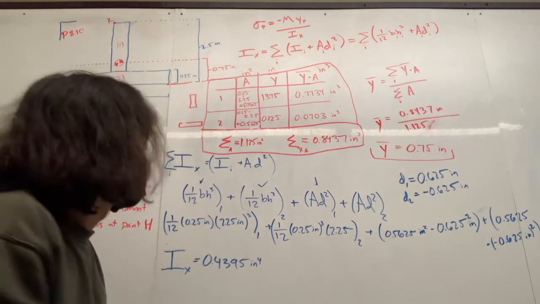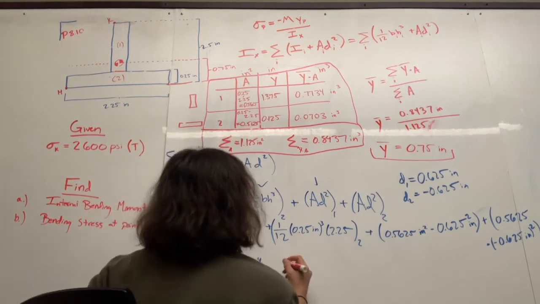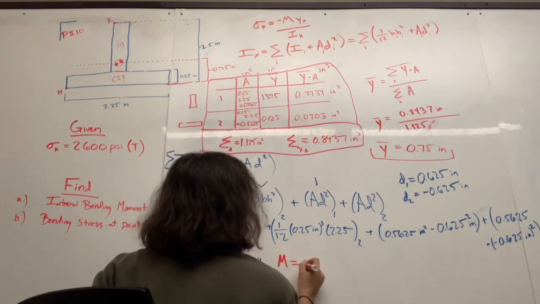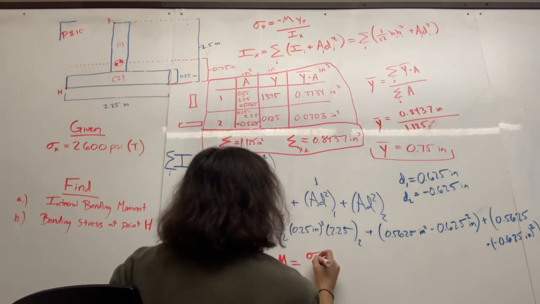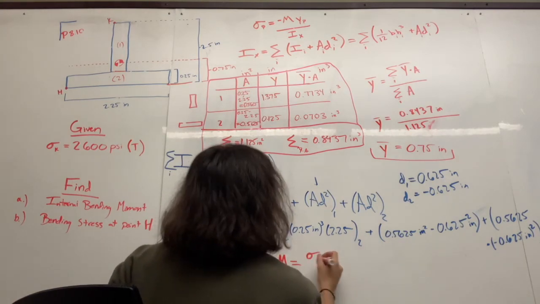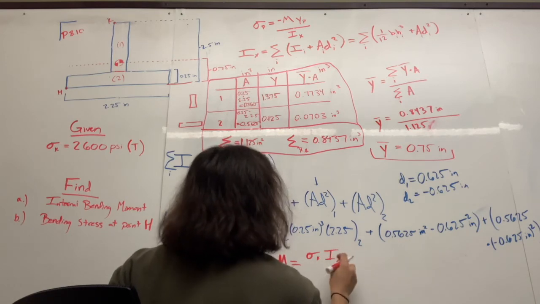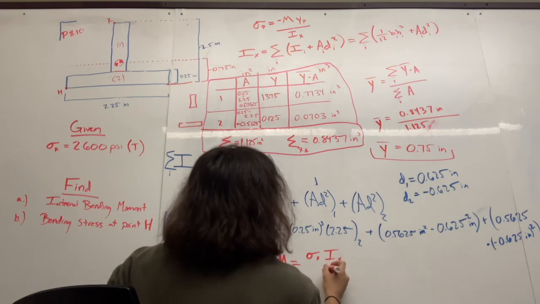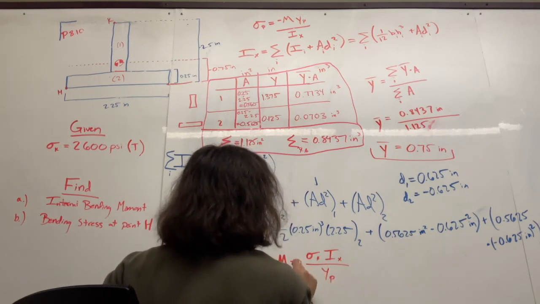So we're left with m is equal to the stress at point K times the internal moment of inertia, or the area moment of inertia, whatever, divided by y sub p. And then this would be negative.